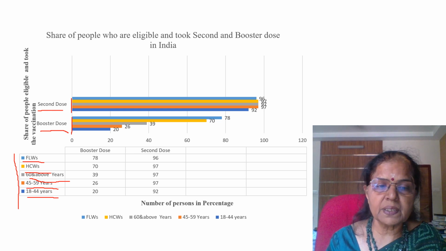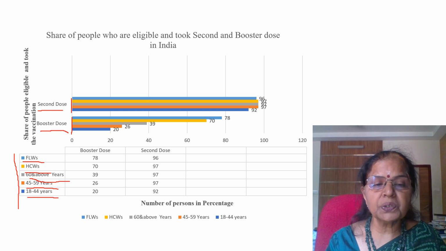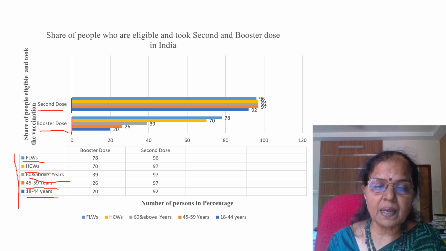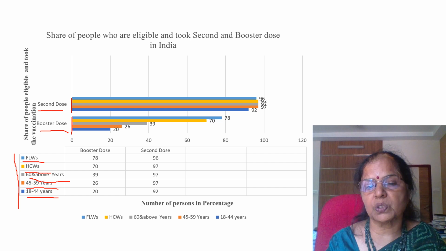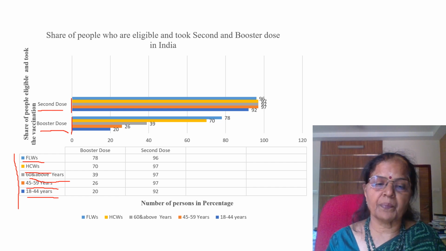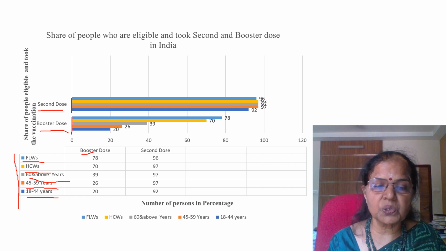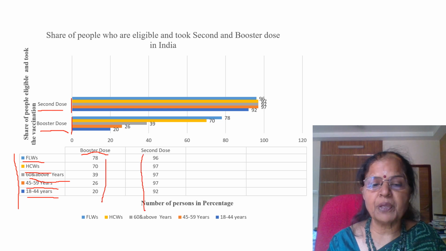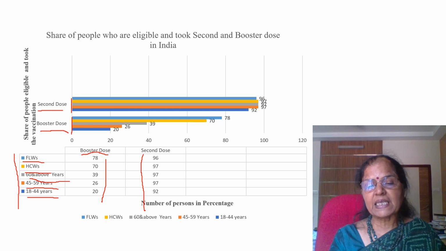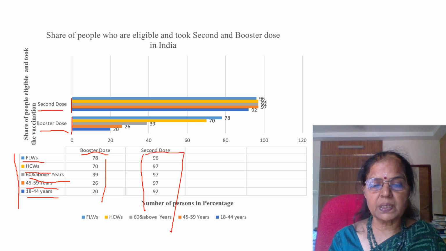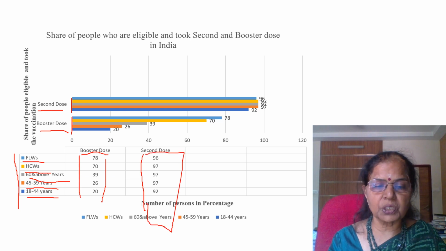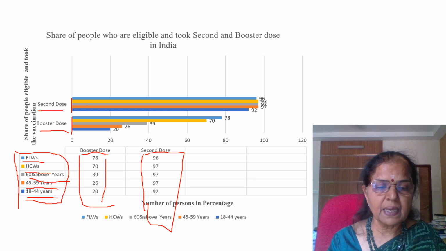Here the bars show the percentage of people of various age groups who took the second dose, and this one represents those who took the booster dose. Now we are going to compare. Here in the table, this column shows the percentage of people who took the second dose, this column the booster dose, and this column represents the age group.